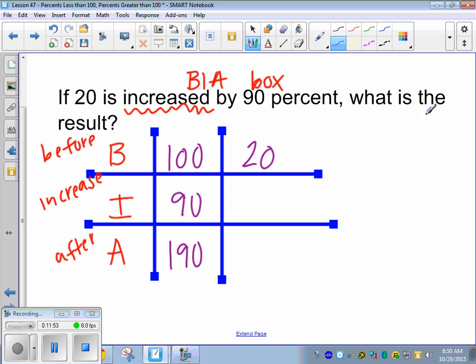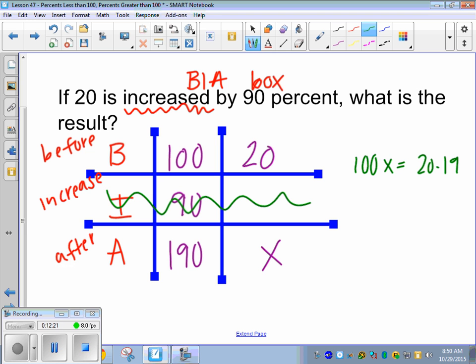And it's asking us, what is the result? So where should my X go? Which box am I looking for? After. I hear Ben's after. Good. All right, so 100 always belongs here. This is your increase, and we add down just like we do for ratio boxes. And now we have a setup. We don't care about this one, right? And we're going to get that 100x equals 20 times 190, because I just did that cross multiplication from the ratio that this sets up.